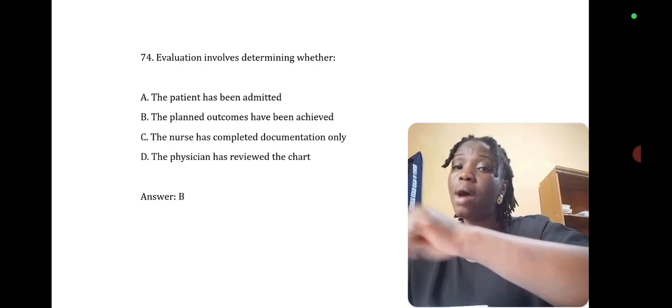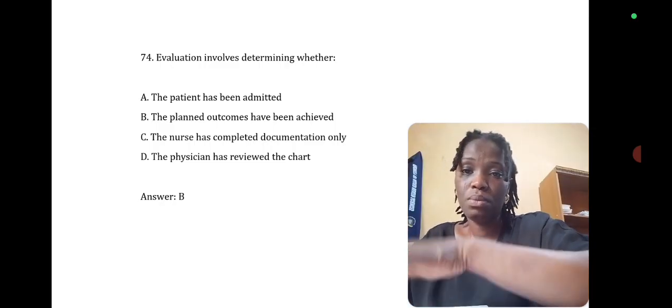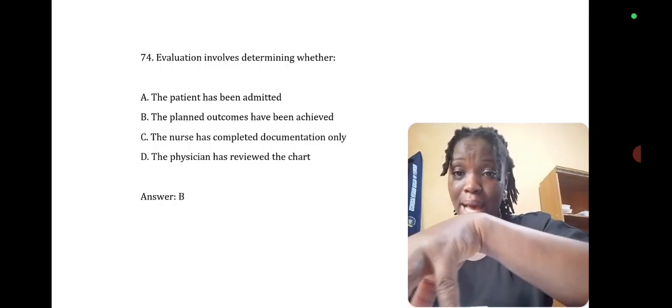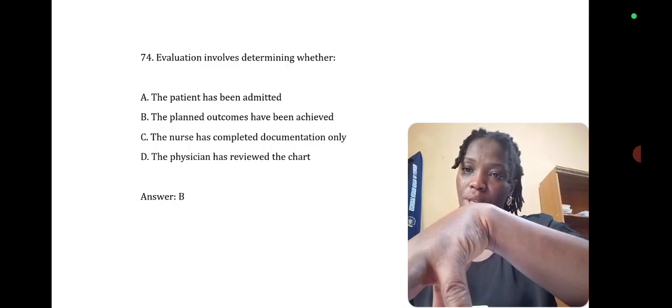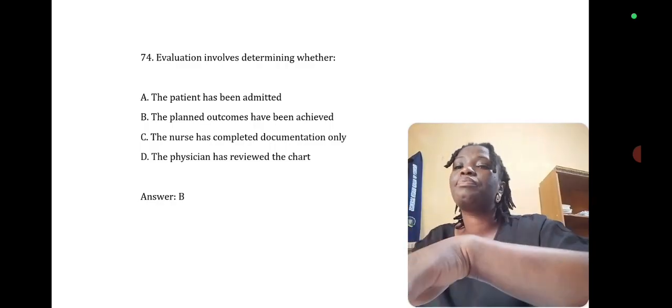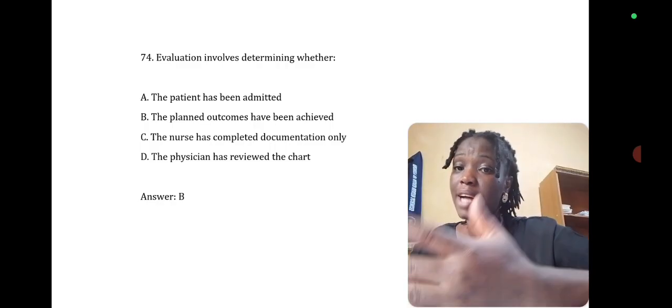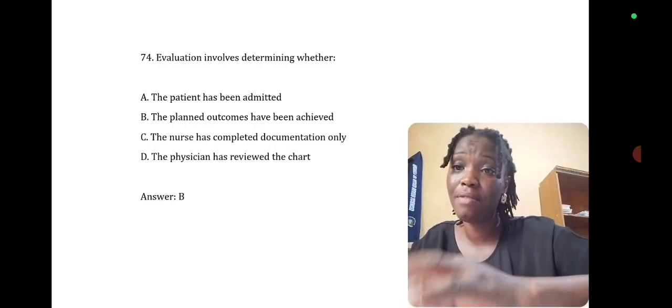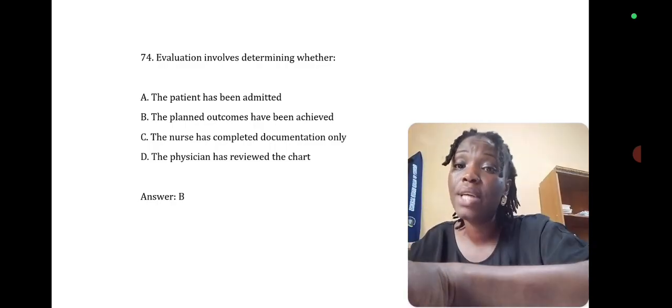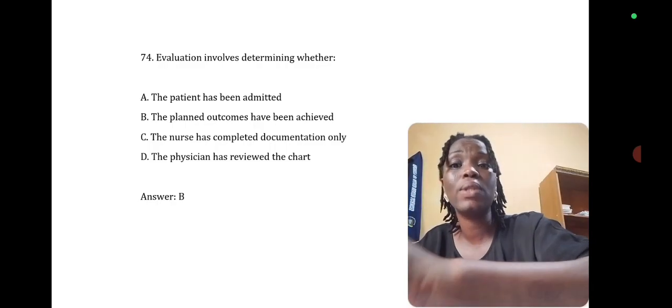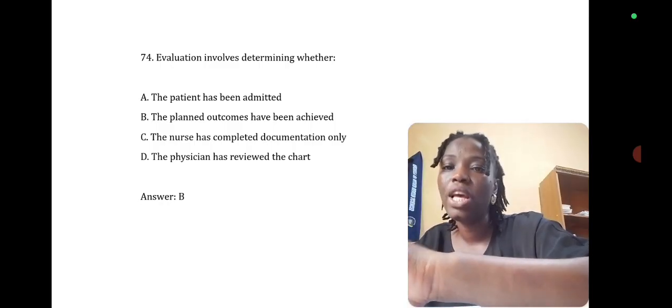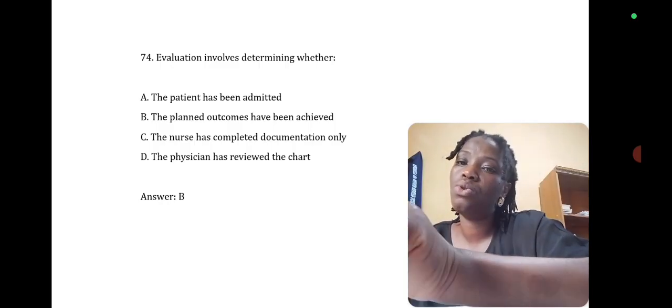You now have to go back again to do another diagnosis and plan more for this patient. So evaluation means whatever you planned, your expected outcome has been achieved, you've done it. That is evaluation. So you evaluate if what you wrote under your objective has been achieved or not.